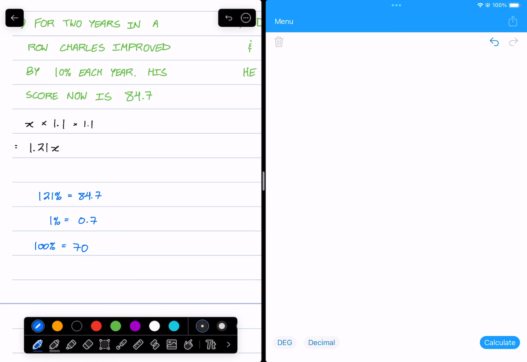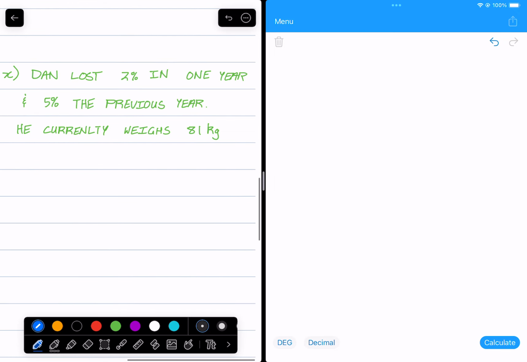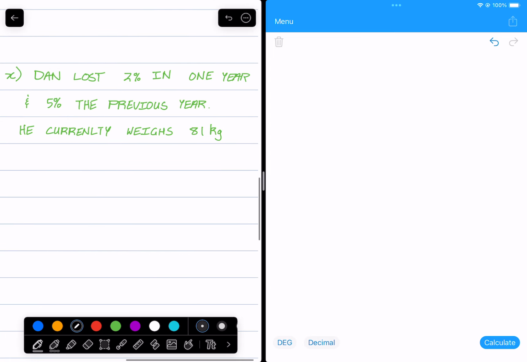And for the final example, it says Dan lost 2% in 1 year and 5% the previous year. And he currently weighs 81 kilograms. So in this case, this is a consecutive percentage loss. And remember how we do that is we have an original and we multiply this by the first loss.